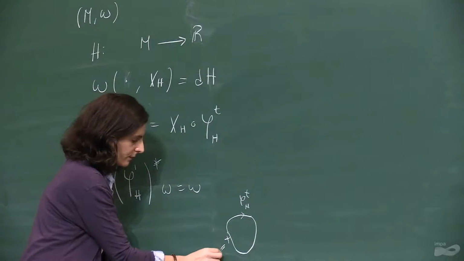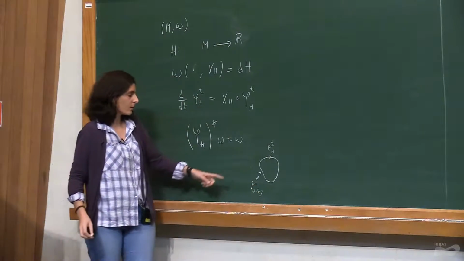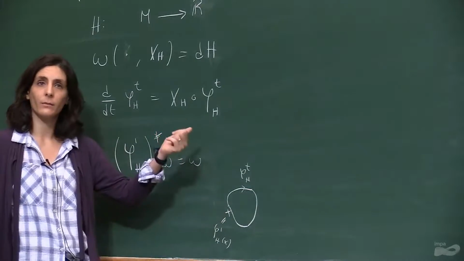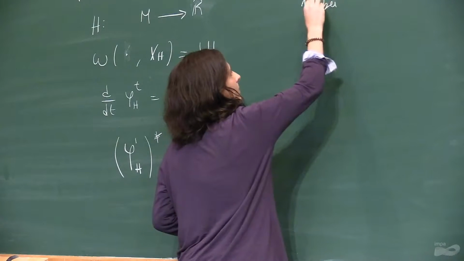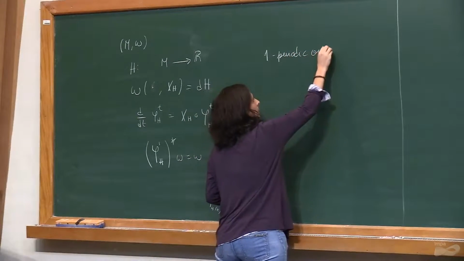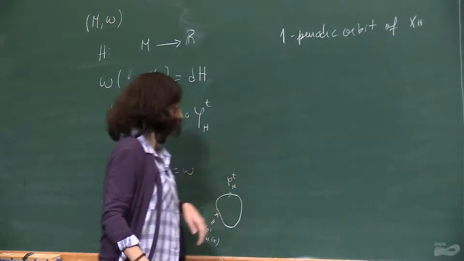So this would be phi_1^H(x). So what happens is that we have here a one periodic orbit of the Hamiltonian system.